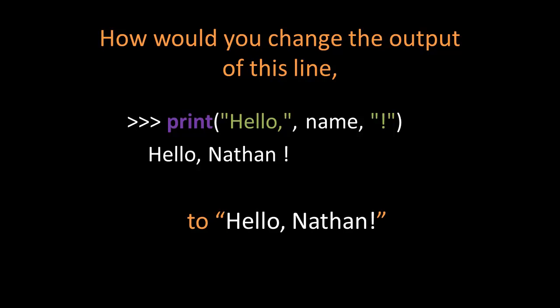So you can't just hard code in quotation mark hello, Nathan exclamation mark and say, oh, I finished, because that's just kind of cheating. I want you to somehow mess around with the function and maybe realize that there's a little trick that lets you remove that space between the name and the exclamation mark.